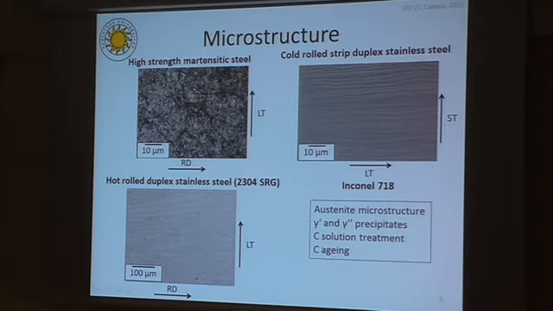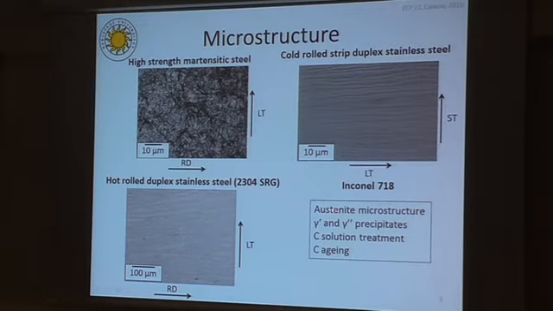For the cold rolled duplex stainless steel, the brighter phase is the austenite and the darker phase is ferrite. The specimens were taken from the full thickness of the cold rolled material of 1 millimeter along the rolling direction.